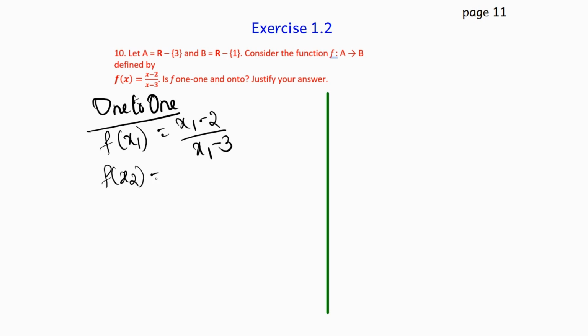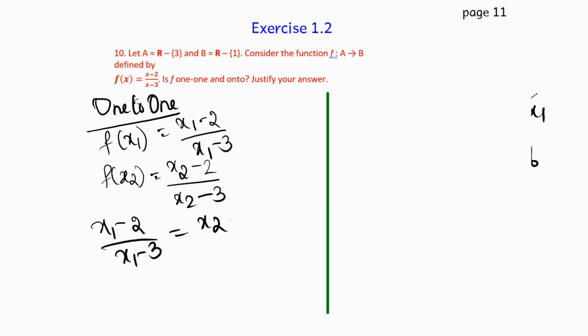Substitute x equal to x1 and x equal to x2. So (x1 minus 2) by (x1 minus 3) equal to (x2 minus 2) by (x2 minus 3). Cross multiply and equate on both sides.